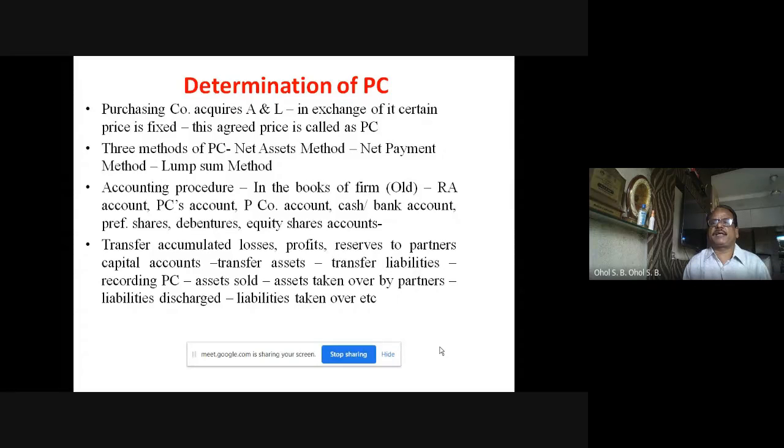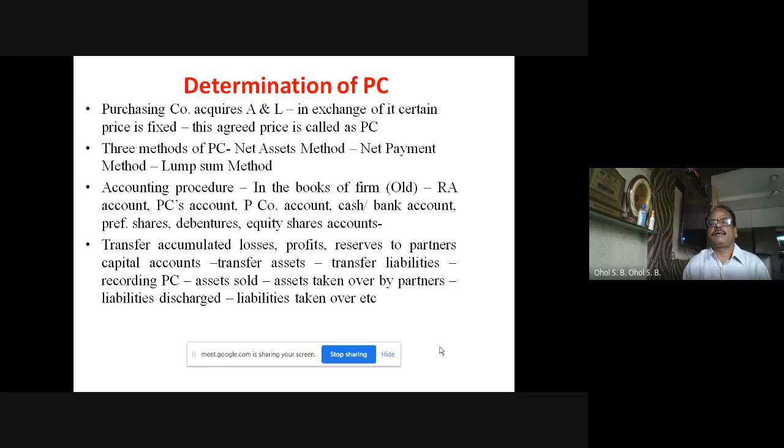When the realization account is opened, the first step is to transfer the assets to the realization account at book value. So we make the entry at that time, as in the amalgamation of partnership firm, realization account debit to sundry assets. The sundry assets: land and building, plant and machinery, debtors, bills receivables.